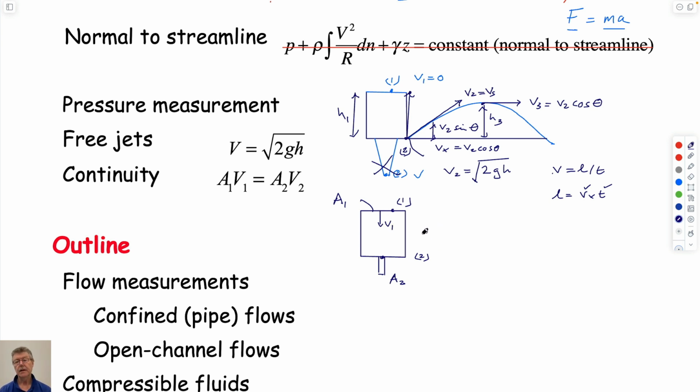And if we account for that, then the second thing that we utilized is the continuity equation. I mention it because we're going to use that today for these Venturi tubes, because to link the velocity upstream and downstream of this orifice, we're going to use continuity. So we'd use the fact that the velocity 1 times A1 is equal to the velocity 2 times A2. We would use this to calculate that V1 is equal to V2 A2 over A1.